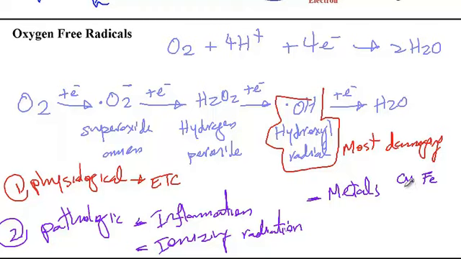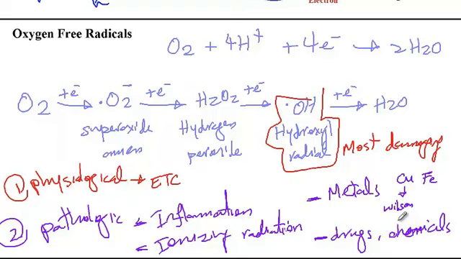Therefore disorders like Wilson disease, with excess copper accumulation, or hemochromatosis, with excess accumulation of iron, put these patients at increased risk of oxygen free radical damage. And then lastly, there are drugs and chemicals that will lead to the formation of oxygen free radicals.